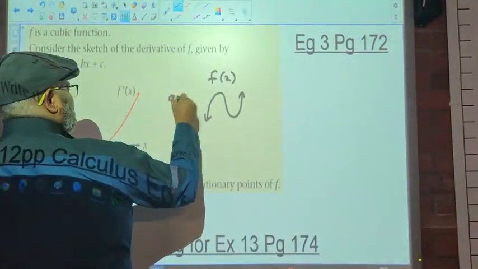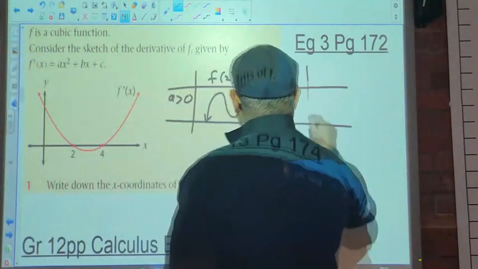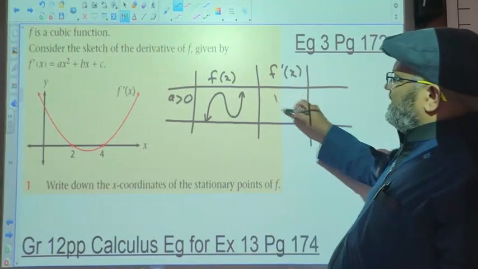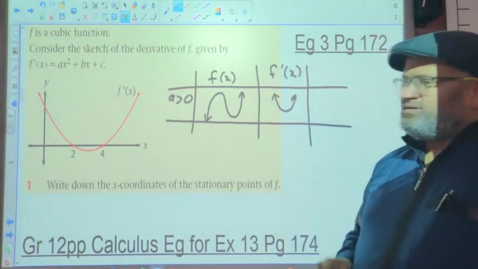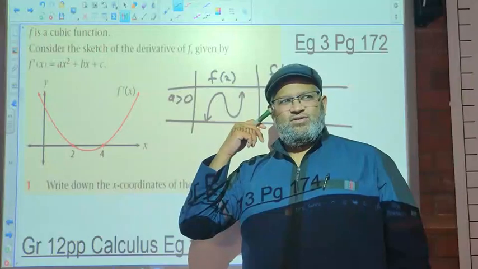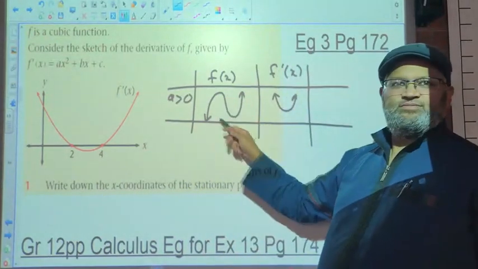If a is greater than 0, then the first derivative would be a smiling parabola, a minimum quadratic function, as this is here. So in our mind's eye, we already know that the graph is going to look like this. It's first going to go up, then down. Okay?